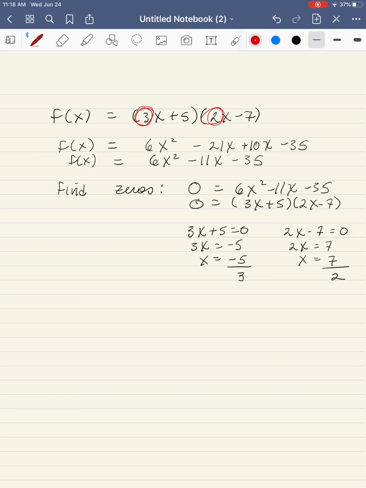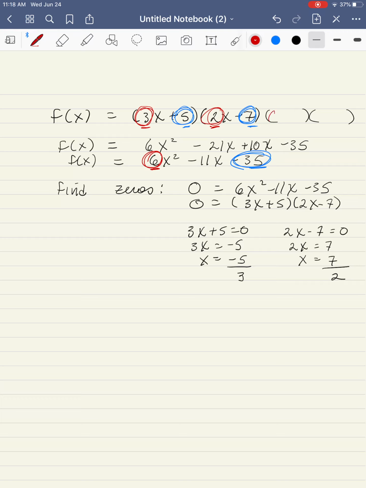Now I want you to notice some patterns here. Notice that when I multiply this coefficient times this, I get the 6 in the 6x squared: 3 times 2 is 6. When I multiply the 5 and the -7, I get the -35. So the first numbers here multiply to give me my first number here.